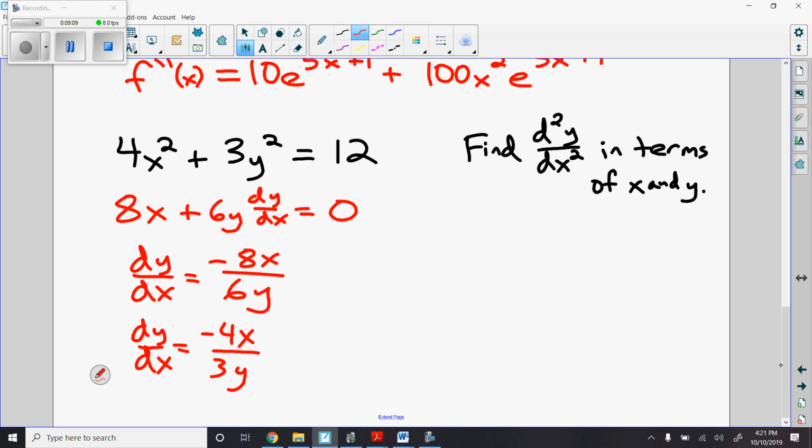Okay? Now here's where we need to be careful. When we do the second derivative, we're just going to do another derivative right now. But again, it's still implicit, so when we do the derivative of y, we still need to multiply by dy dx. What I want you to do is once you get the first derivative, circle that answer, because it's going to come into play later.